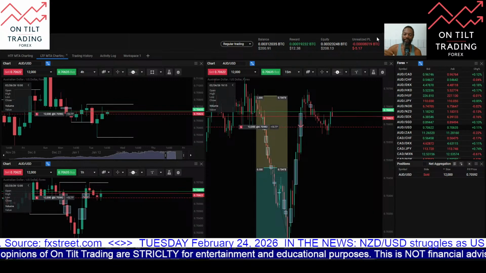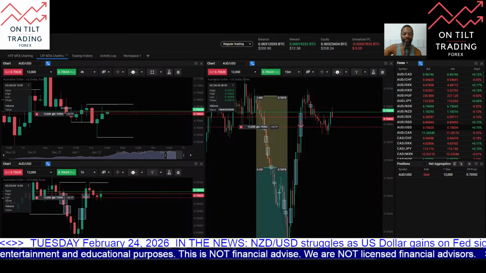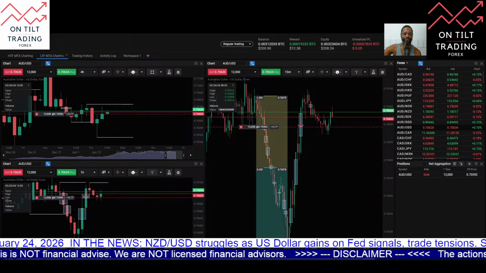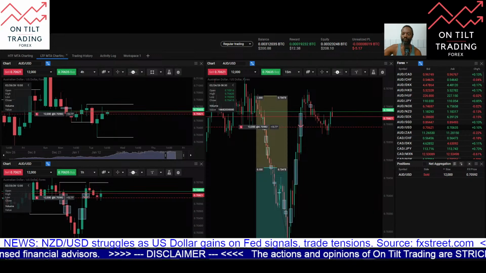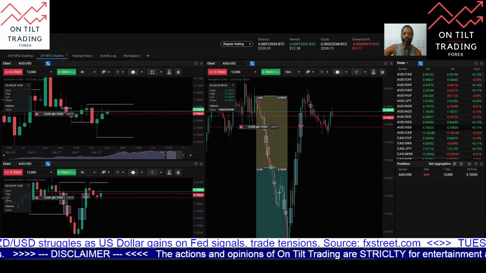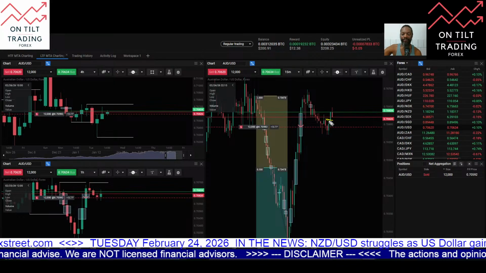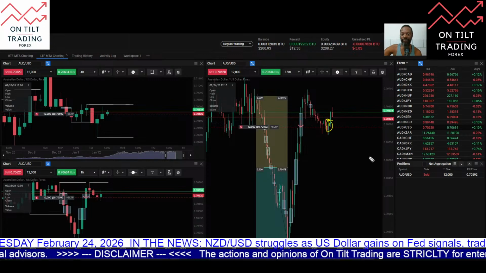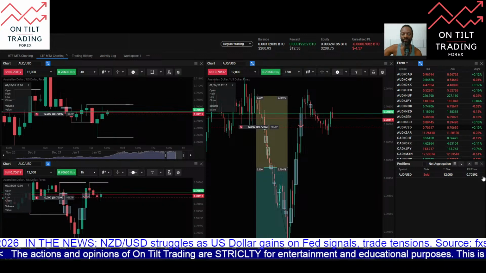Approximately 7 minutes, or a little less than 7 minutes, remaining in the current New York PM session. Price will reach the high of this previous candle here, which would close any bullish fair value gaps forming here on the 15.